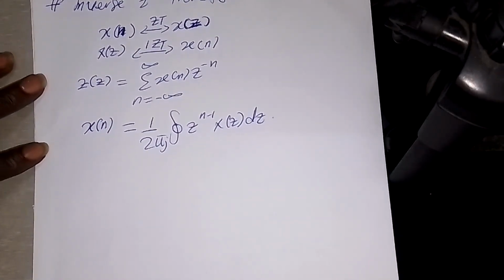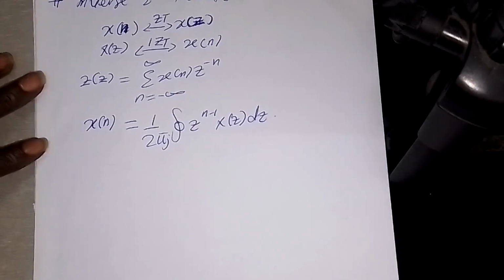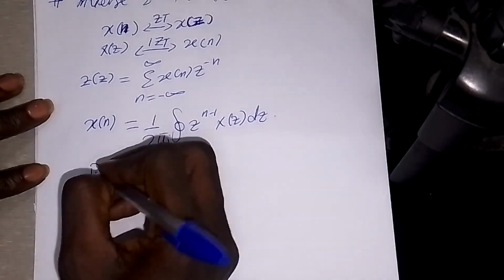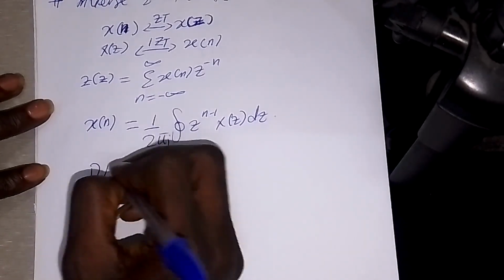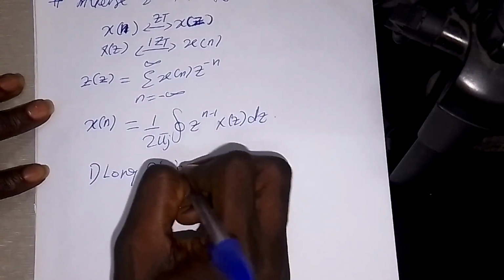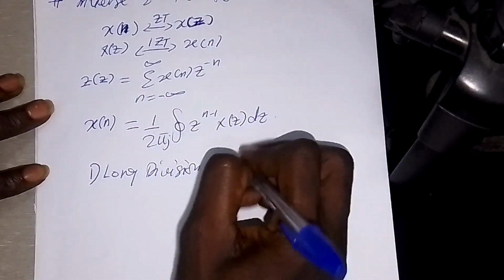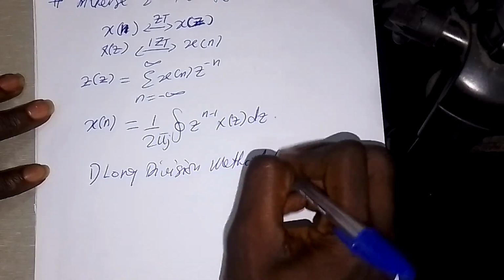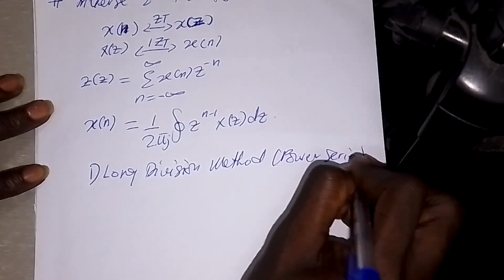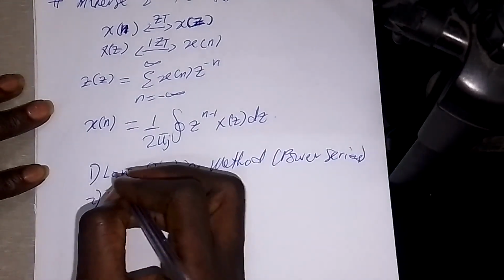So to use this formula, we have a number of approaches. There are 4 of them. The first one is called the long division method, which is called a power series. And then we have the partial fraction method.